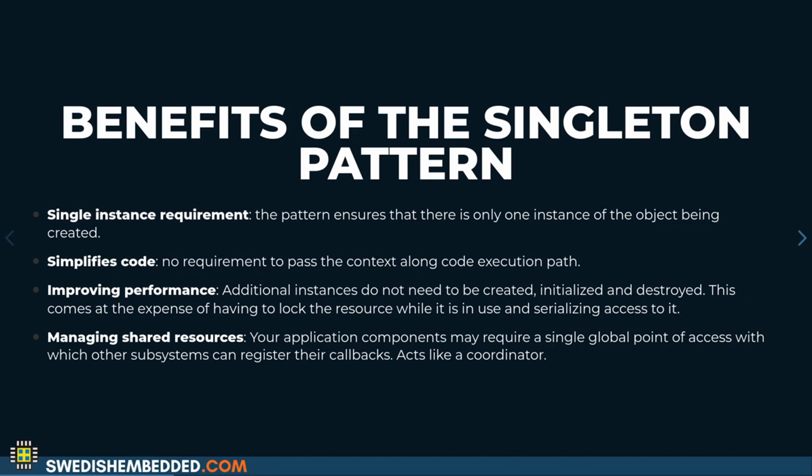So when we change the implementation a little, and let's say we add new functionality or we add new logging interfaces, we don't need to change the source code of the application. It still remains the same. There is just a single API that doesn't require any context to be passed around, and so the code can remain the same, and that simplifies the maintenance of the code in such cases.